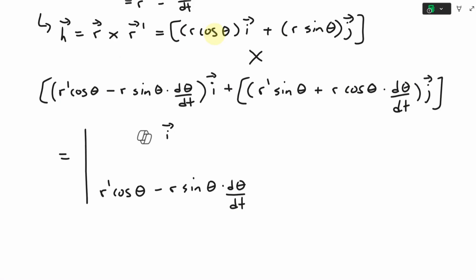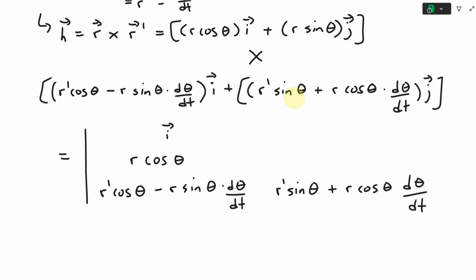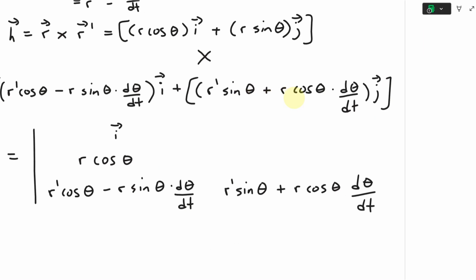And now the top part of the vector is going to be r cosine theta. And the next one is going to be r prime sine theta plus r cosine theta d theta over dt. This is going to be our j.